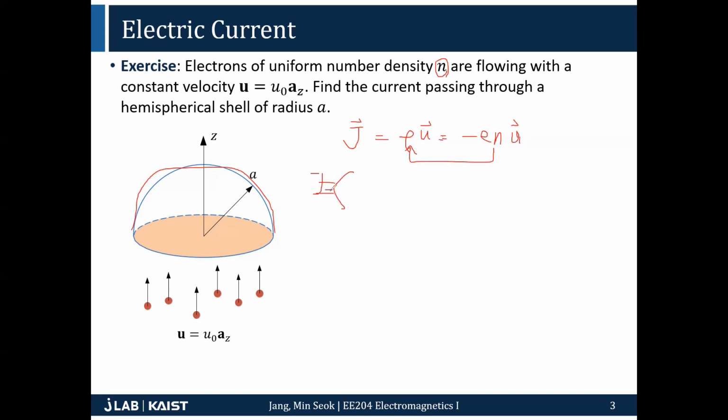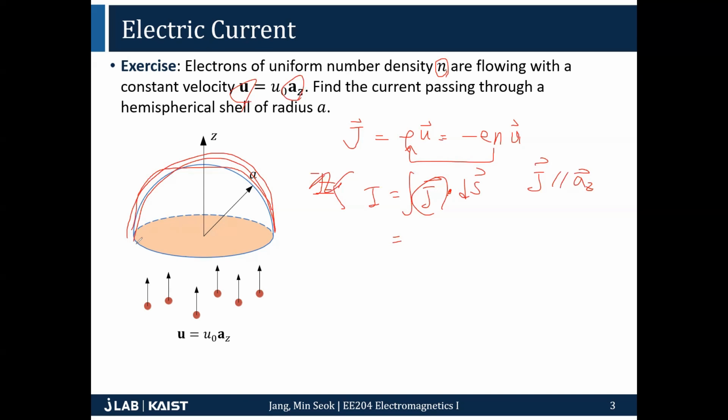I is, sorry, I'll use my pen. I is the integral of J dot dS, right? And then we can make the problem even easier, because J is anyway parallel to the z-axis, because u is parallel to the z-axis. And because we have a dot product here, we don't actually need to perform a complicated spherical integration.